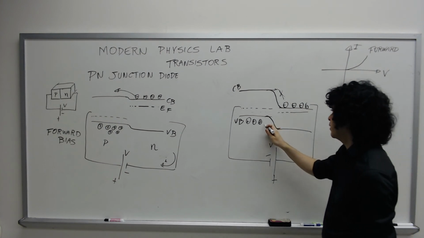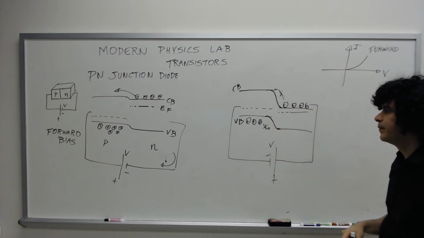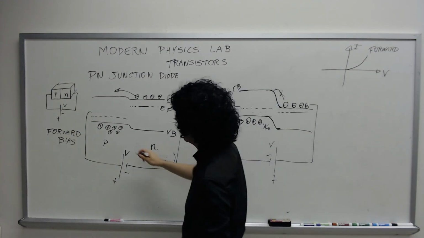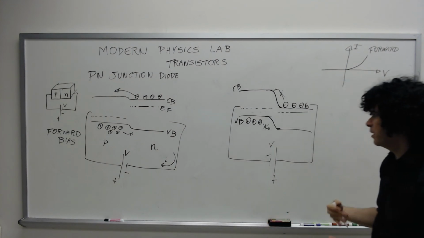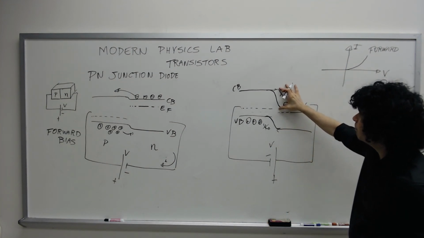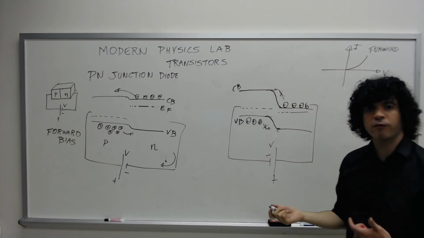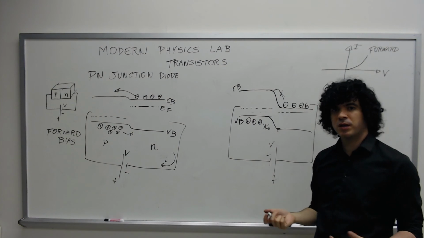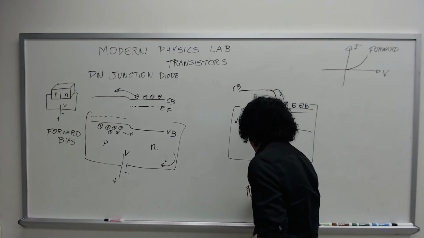Well, the holes cannot move this way either. While in the forward bias configuration, the charges can flow from one side to the other. Now the potential barrier is too high, so that the electrons cannot go from one side of the junction to the other side. And this is called reverse bias.